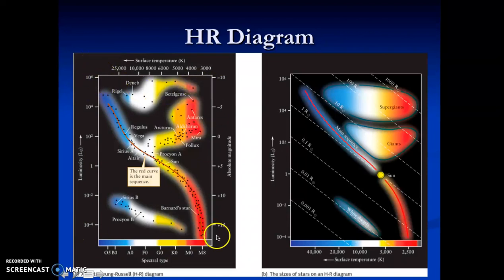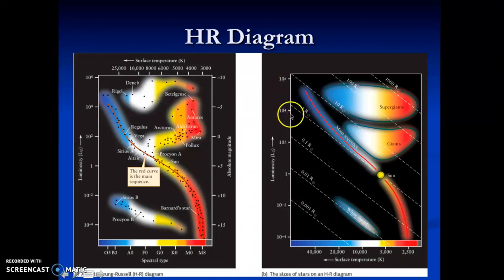Here we're plotting absolute magnitude. For example, notice our sun, 1 solar luminosity, because these luminosities are compared to the sun. Our sun is down here at about 5,800 degrees Kelvin. It's about a G-class star, okay?